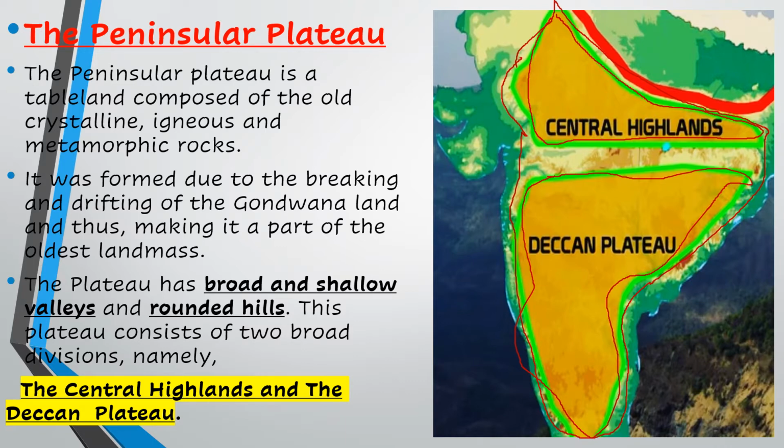The entire thing is the Peninsular Plateau, and their divisions are known as the Central Highlands and the Deccan Plateau. Now you can see a gap over here, children, right? This particular gap is a rift. This is a rift caused by river Narmada. Here the rift valley has been formed due to Narmada river. Clear? So let us slide ahead. I hope you have understood the Peninsular Plateau. Let us slide ahead.